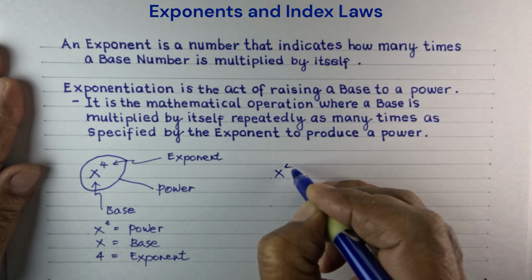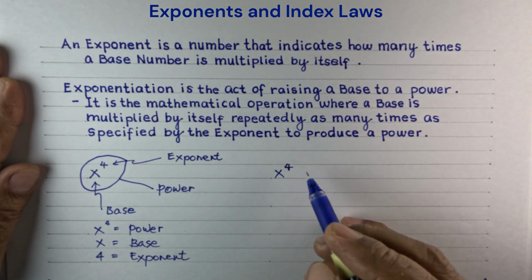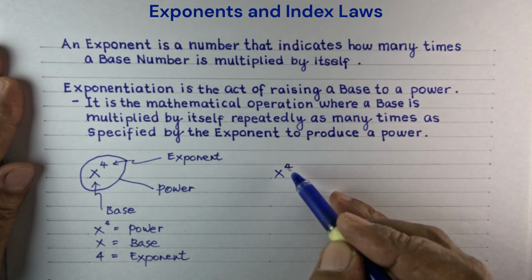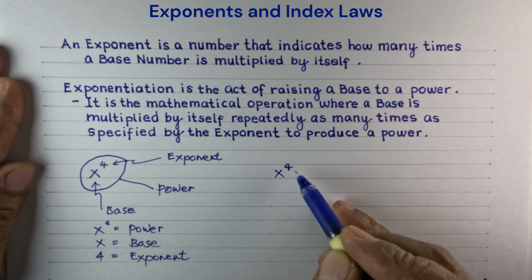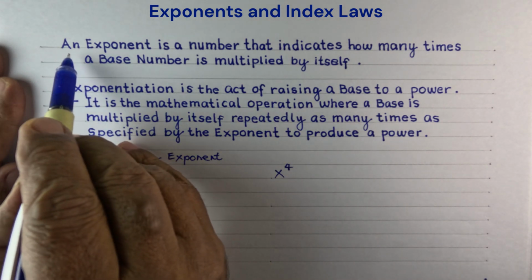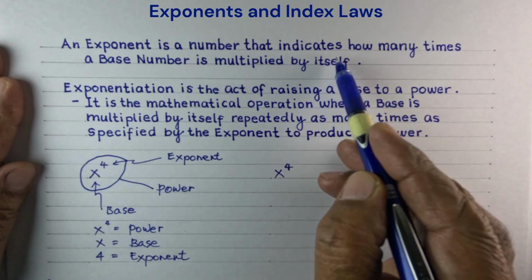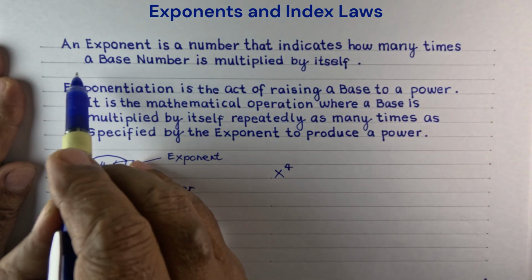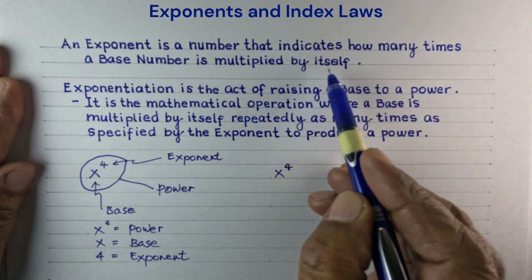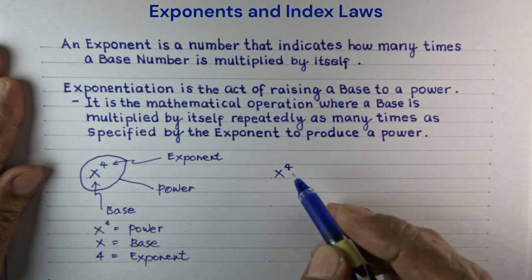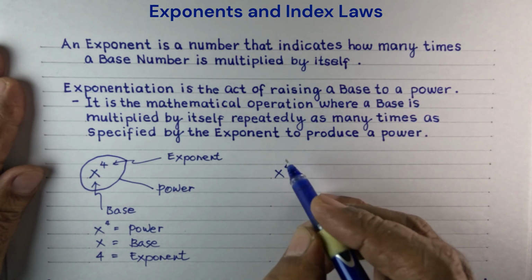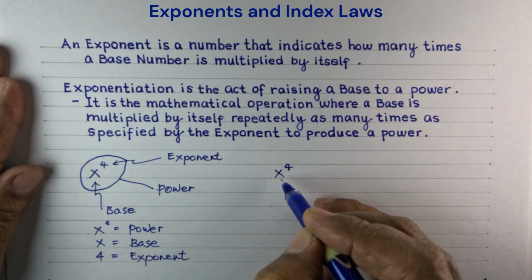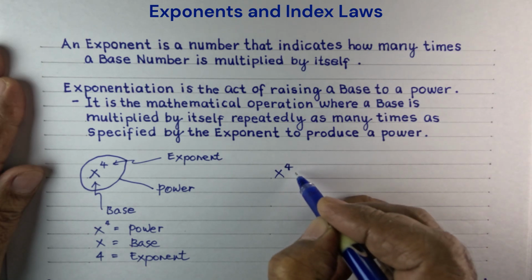So let's consider this. X raised to the fourth power. The exponent is 4. It says here an exponent is a number that indicates how many times a base number is multiplied by itself. So it means the base x here is to be multiplied by itself 4 times.